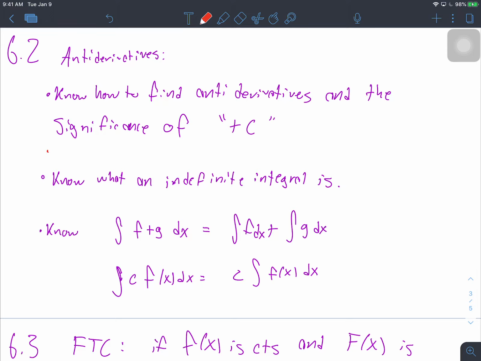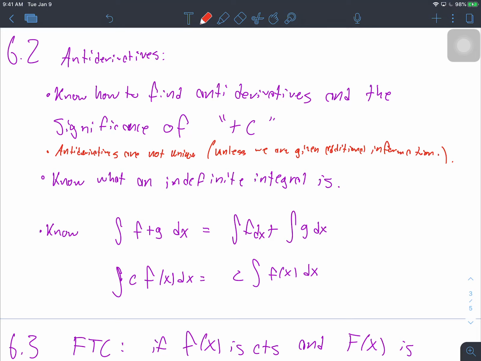You should know also that antiderivatives are not unique unless we are given additional information. We call those initial value problems when we have additional information.